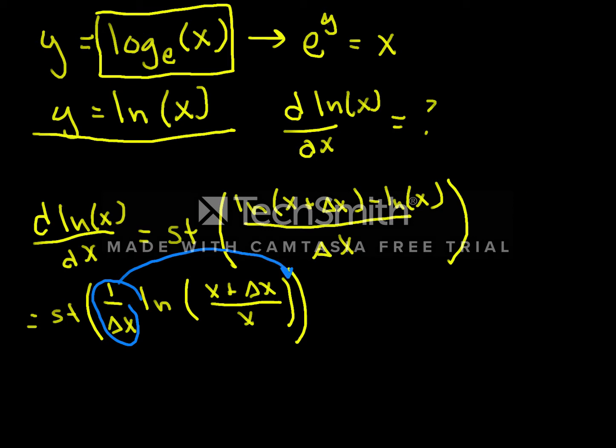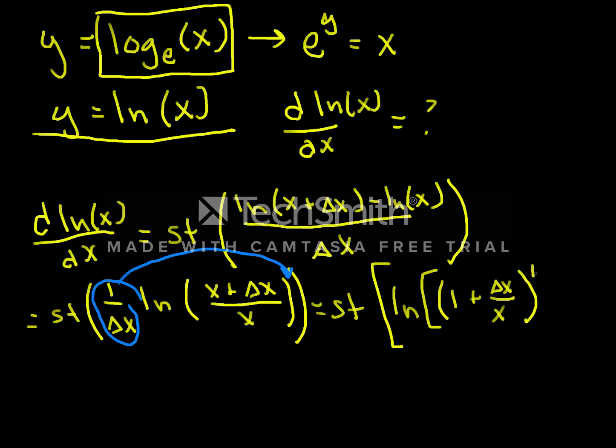So I can bring that in, and I'm going to do a little simplification here. And so this is equal to the standard part of the natural log of 1 plus delta x over x, all raised to the 1 over delta x.